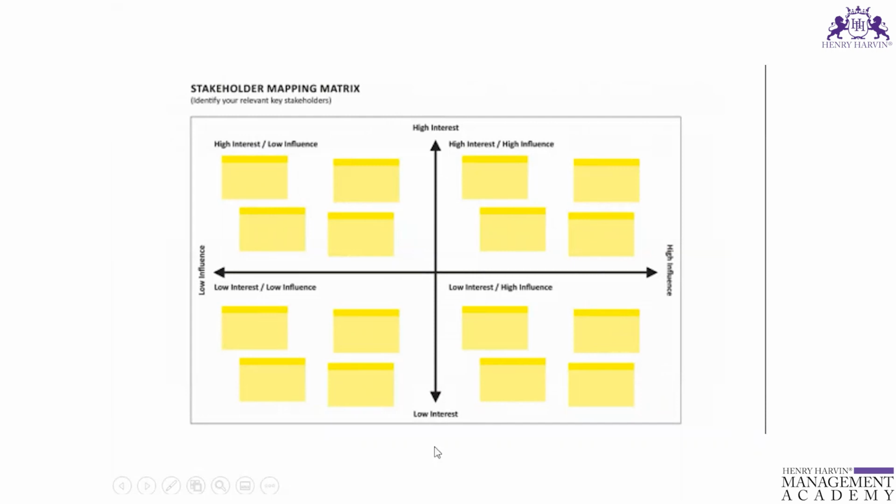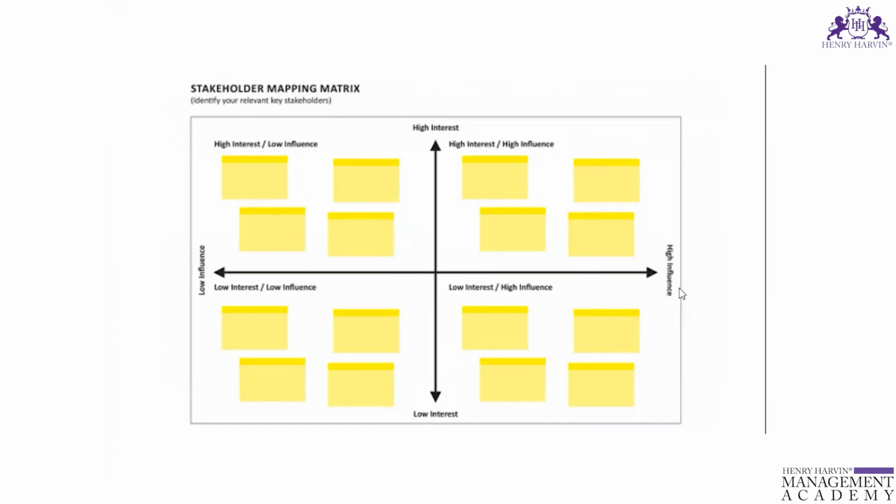The vertical axis talks about the interest of the stakeholder in the users, the movie goers. The level of influence put by the stakeholder can be low influence or high influence.